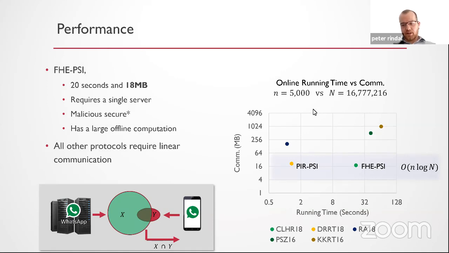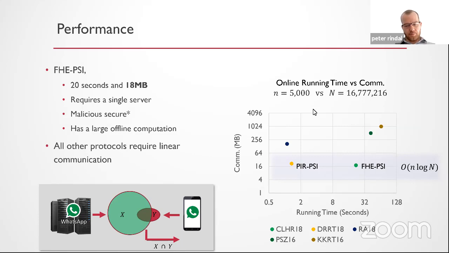And this is based on FHE and this sort of FHE-based PIR. And you can see that it does achieve very low communication, but the computation to do real world size contact discovery, 5,000 versus 16 million, requires, I think, like 16 seconds, which could be parallelized on the server side.